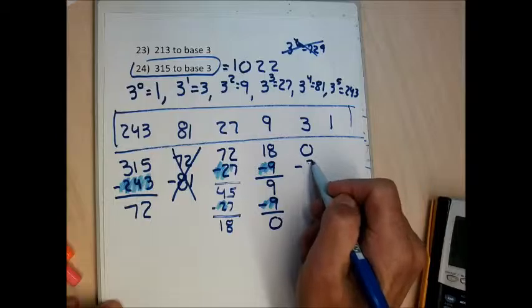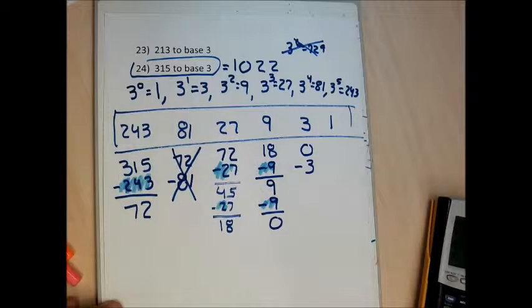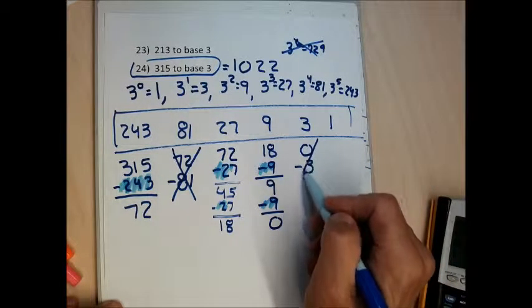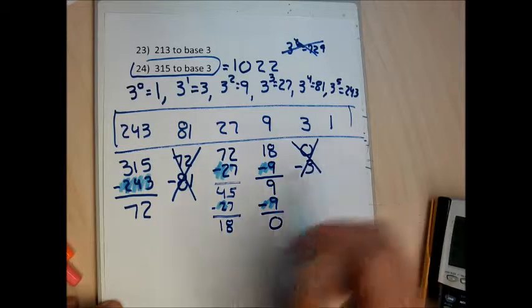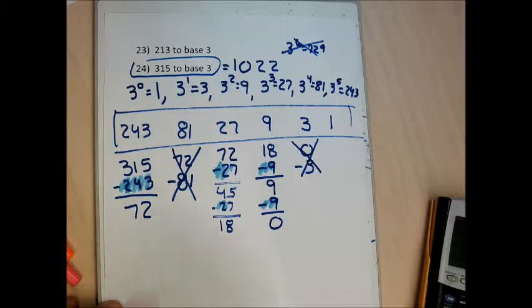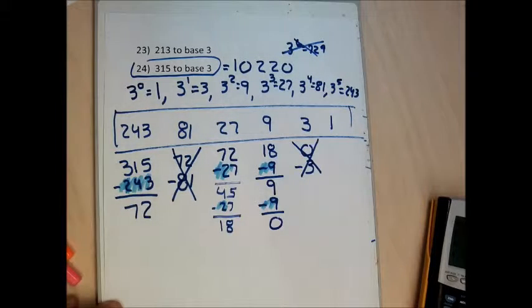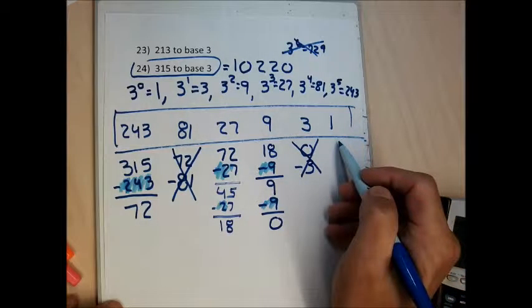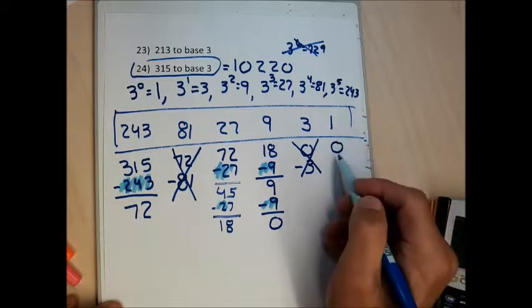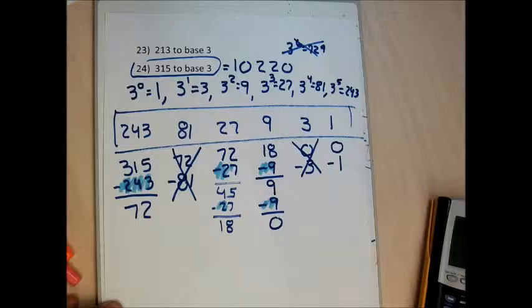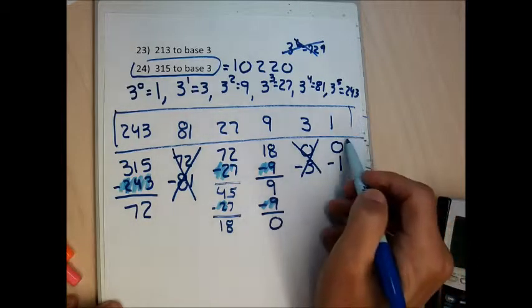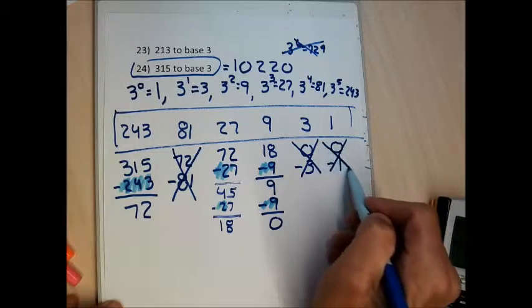I'd like to subtract 3, but subtracting 3 would give me a negative number. So I'm not allowed to subtract 3 because I'm not allowed to get negatives. And where I put these little crosses, I put a 0 in my answer because I wasn't able to subtract that number. I'm going to take that remainder of 0 and bring it over to the next column where I'd like to subtract 1, but I'm not able to subtract 1 because 0 minus 1 would give me a negative.